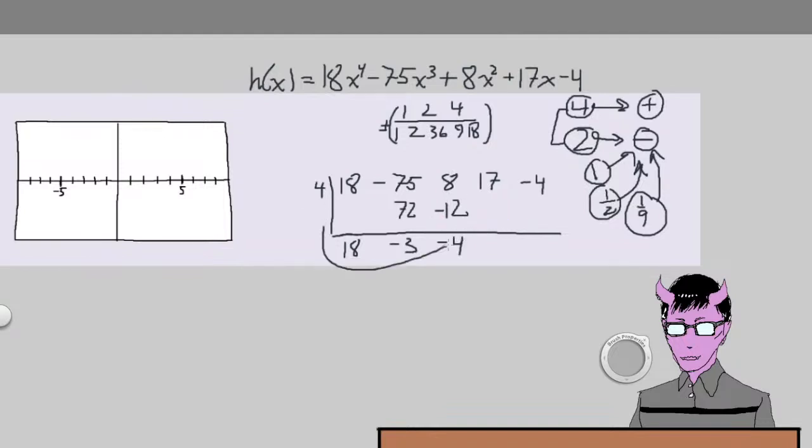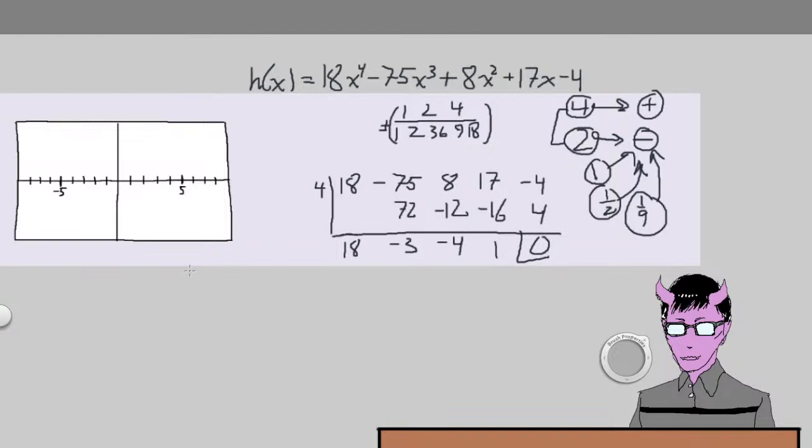Wait, what? We have negative 16, 1. Huh. Okay, well, that means I just screwed up the math. That means I messed up on this one. Alright. Absolutely wonderful. Alright, so we have a 0 at x equal to 4.